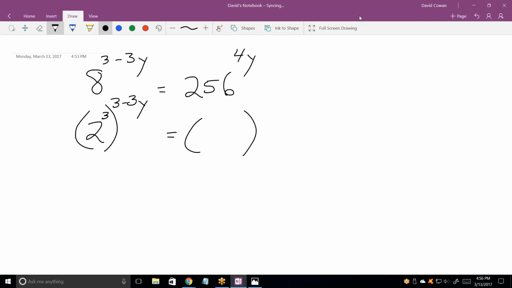Now the key is, can I write 256 as 2 to some power? And yes, I can. 2 to the 5th power is 32. 2 to the 6th power is 64. 2 to the 7th power is 128. 2 to the 8th power is 256.